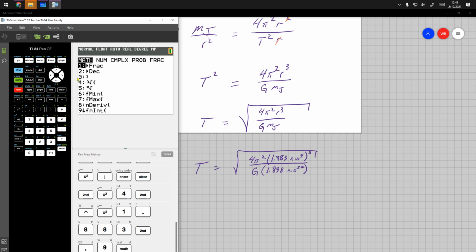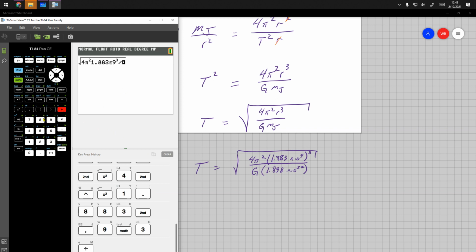I clicked math and I'm going to go and do the power of 3 there, which makes that look way nicer too. Divide that by everything in the denominator. I have multiple things multiplied there, so I'm going to need to put that in parentheses. I have G already stored in my calculator, as you should too, because why would you want to type that every time? Times 10 to the 27th power there. And that's it.